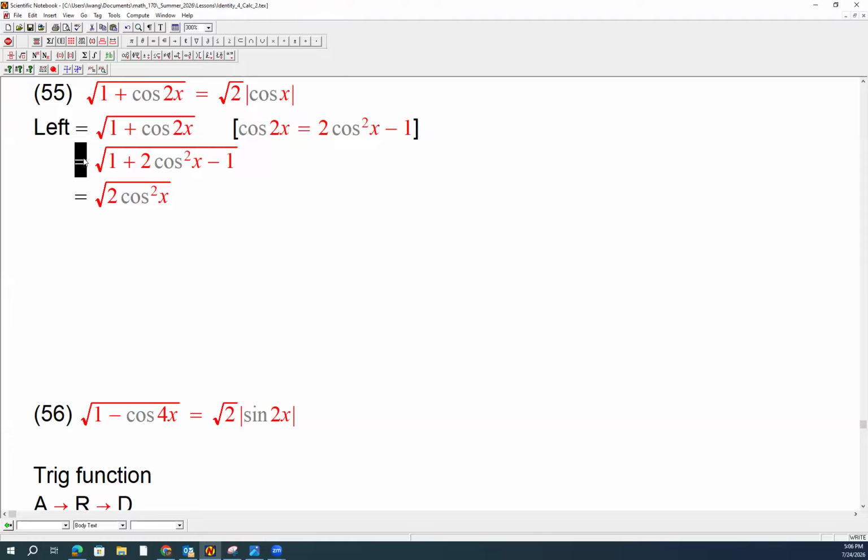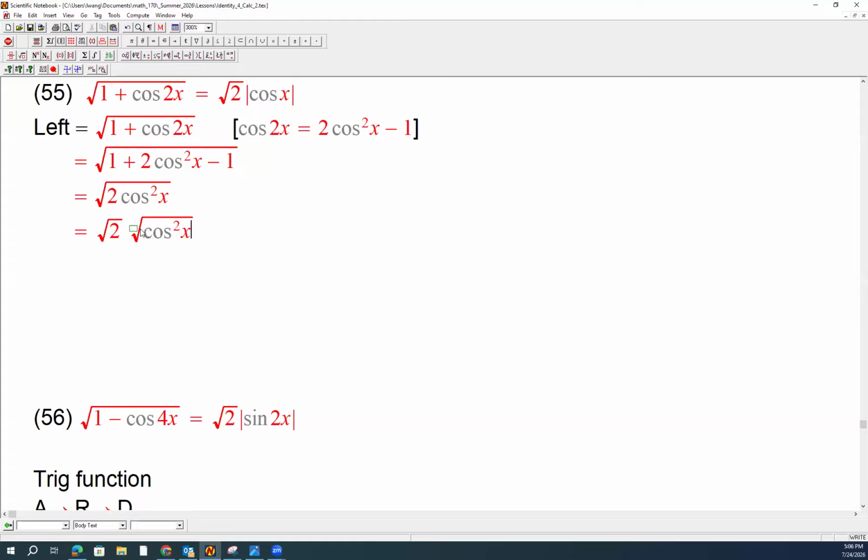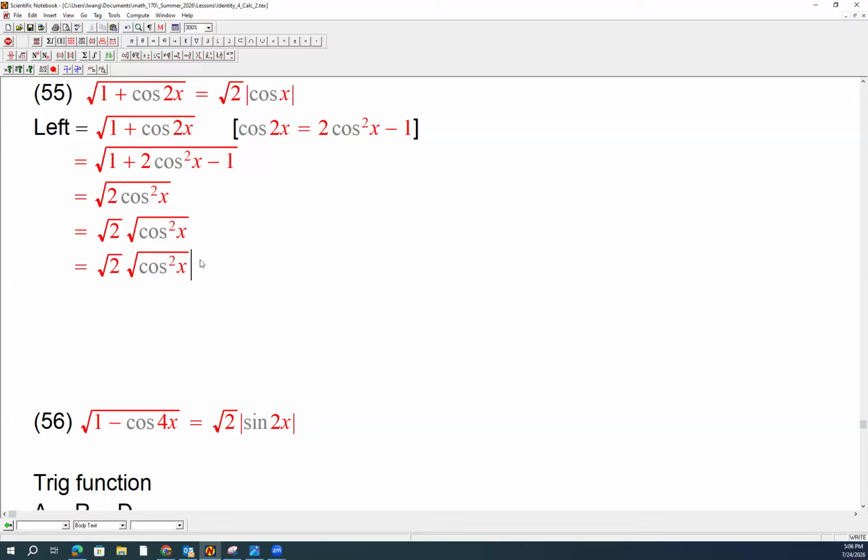So we can bring out the square root of 2. Okay, so here we will have a root 2. And then we have this root of cosine squared. The root of cosine squared is the absolute value of cosine. And that's finished.